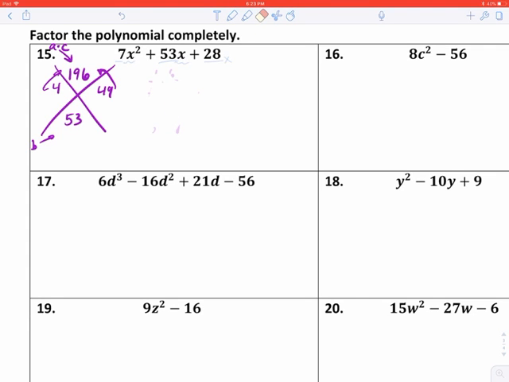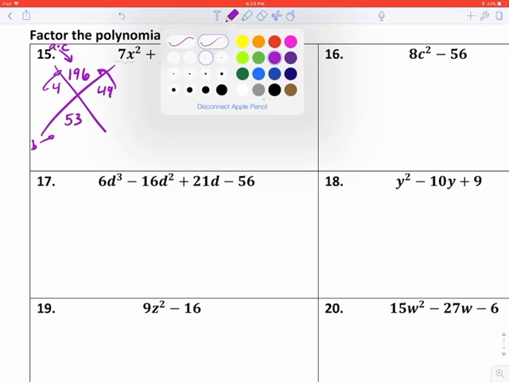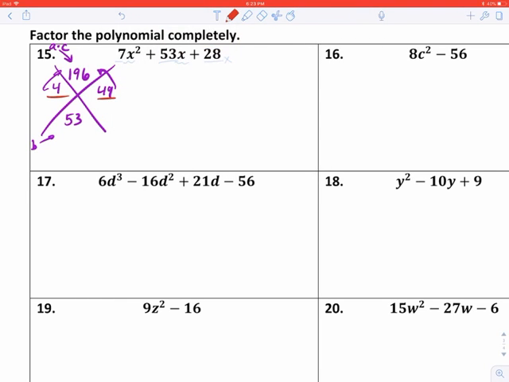Now, let me erase this and just try to finish up the last 30 seconds here. Remember, I like to go ahead and divide both of these, whatever your A is equal to, by Ax, so like A times x. And in this case, A is 7, so I'm going to divide both of these by 7x and see if there's anything that I can reduce.